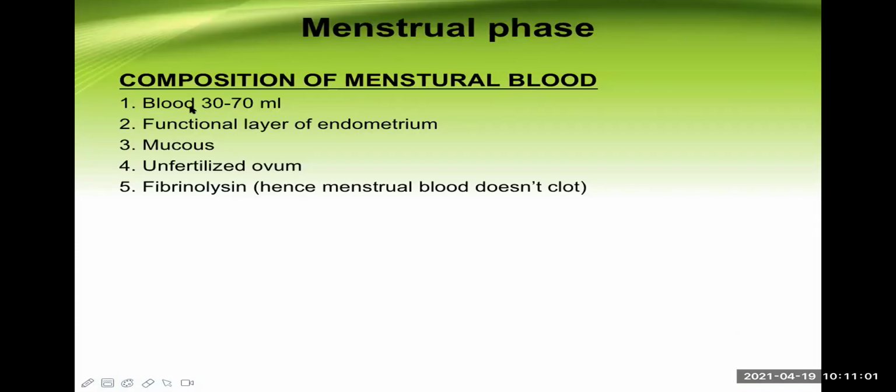Now, what is the composition of this menstrual blood? What type of substances are there? See here, around 30 to 70 ml blood. This is the normal thing we are talking about, or during the normal menstrual flow. Functional layer of the endometrium, some of the tissues are there, mucus, unfertilized ovum, and even fibrinolysin. Because of this, the menstrual blood doesn't clot.